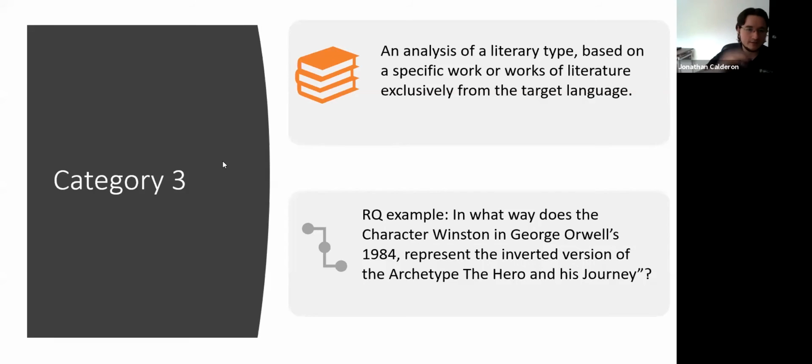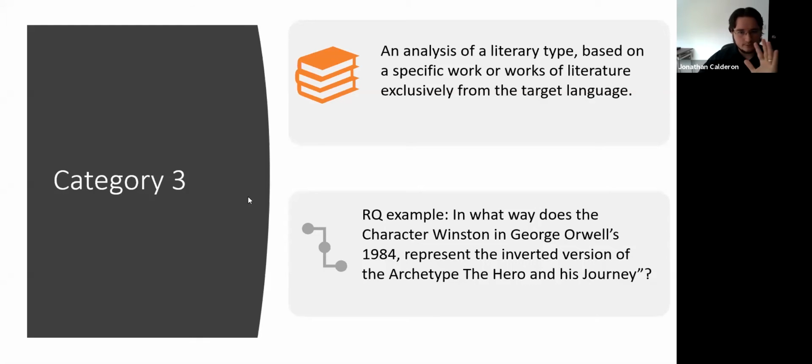So nothing outside of the book, let's say. This person is not going to say, okay, this book meant a change for society because of this and this and this. No, it is going to analyze only what is inside the book, or the story in this case. Now, this one is very particular because this research question came from one of the students that I supervised. And what he thought after reading the novel was, Winston is not the hero, okay?